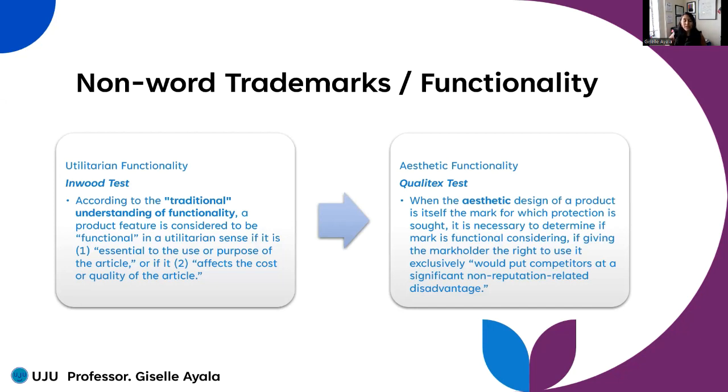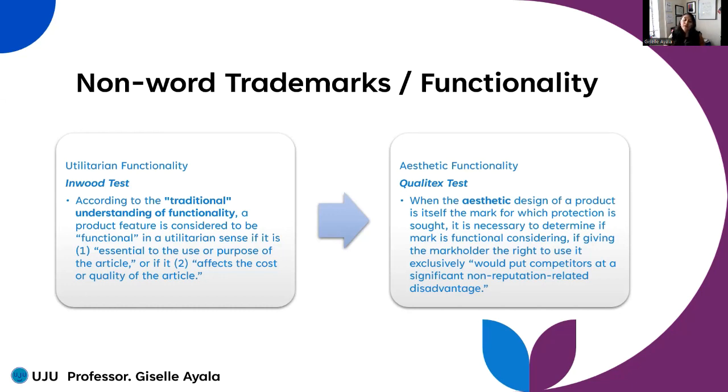And two, if that product design or feature or the presentation of a service actually affects the cost or the quality of that service or that article. Why is this? Because the selection of certain features for a product involves considerations of use or purpose, then that's not protected under trademark law.